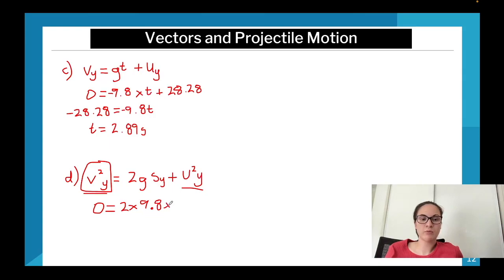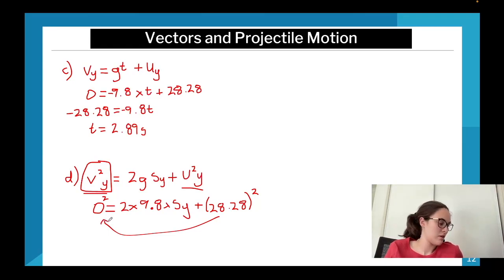Multiplied by Sy, which is what we're trying to find. Plus U squared Y. So that's going to be 28.28 squared. Alright. And then we're going to move this over here because we need to get Sy by itself. So I'm just going to quickly calculate what that value is.